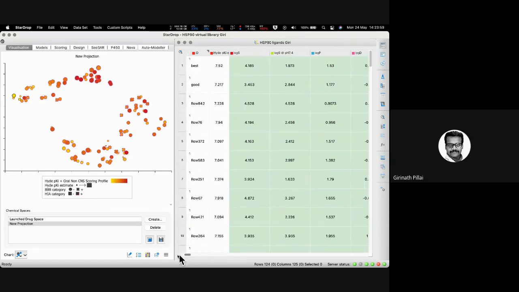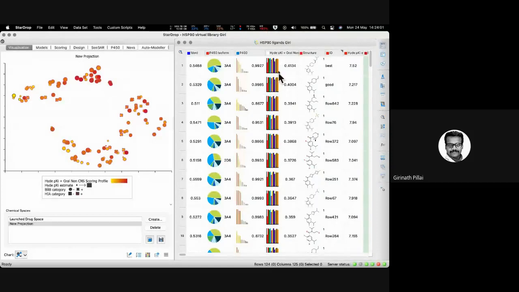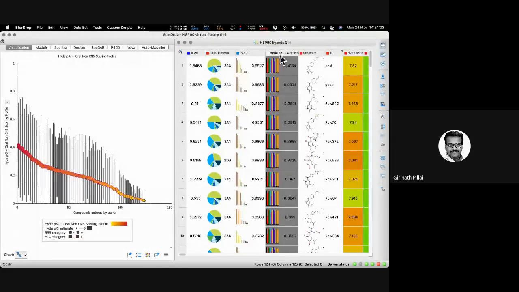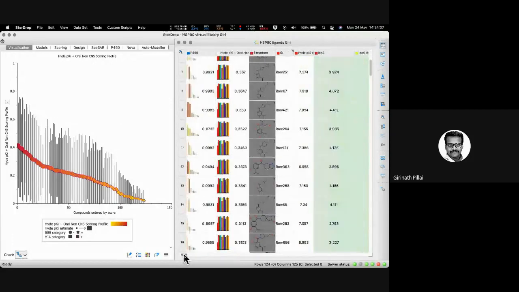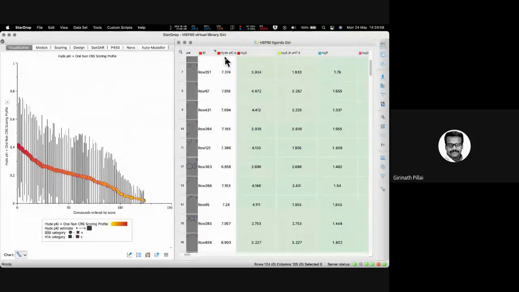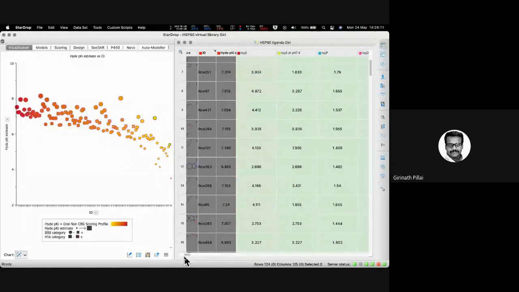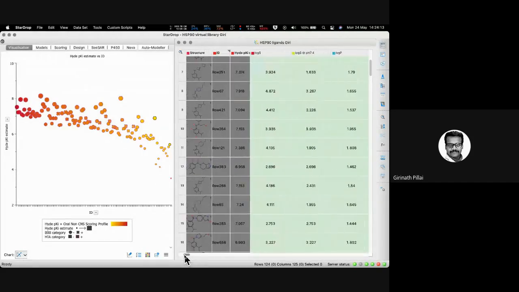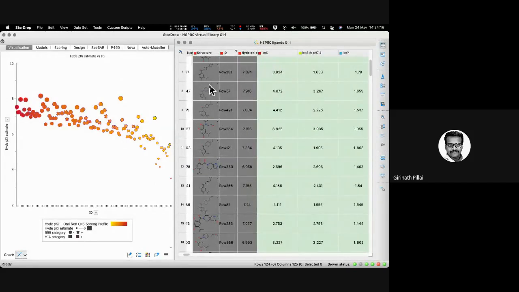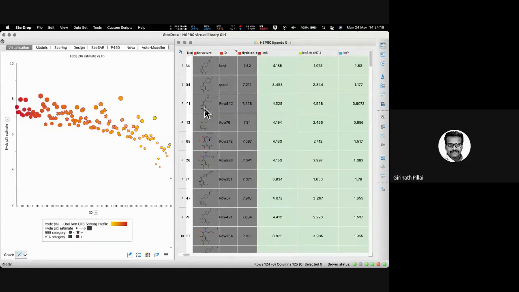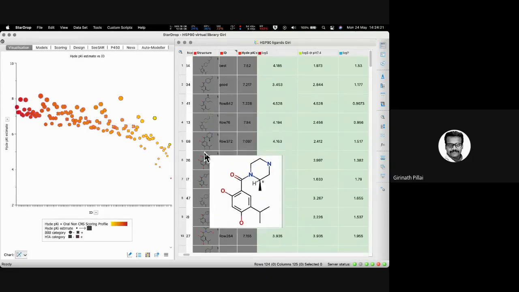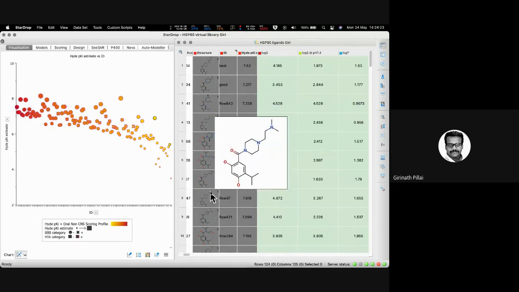So here what I have done is I have loaded an SDF file with just the structures. I loaded my structures, and these are the 2D structures. You can even load 3D, but we will show only 2D here.